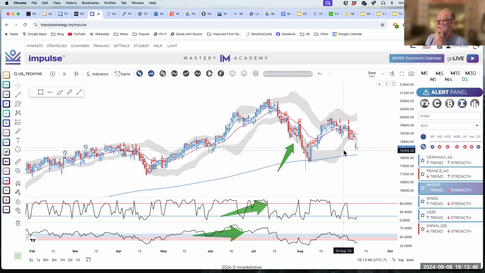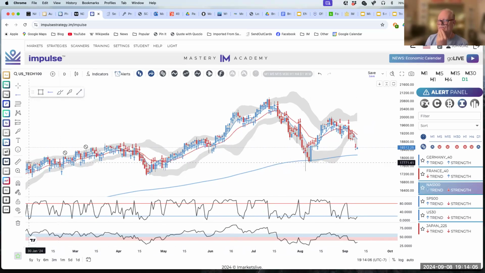So what we're looking for on these higher charts is if there's any structure anywhere, if we can see any clear lines here. We can see that this area along here is pretty strong support and resistance.